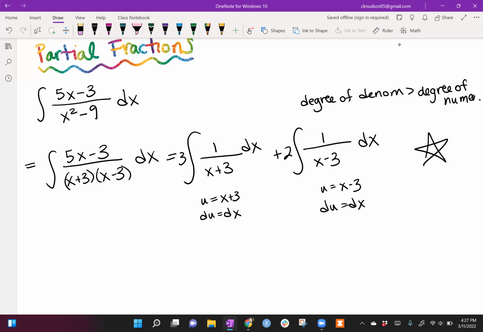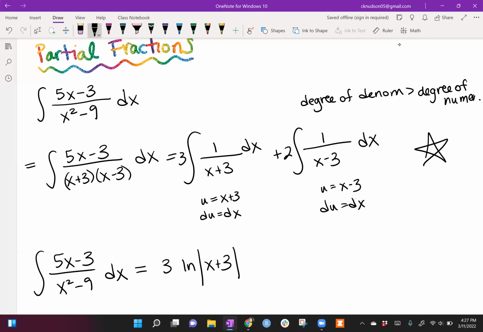And then what we end up getting is that the integral of 5x minus 3 over x squared minus 9 dx is equal to 3 times the natural log of x plus 3 plus 2 times the natural log of x minus 3 plus our constant. So this is our final answer here.